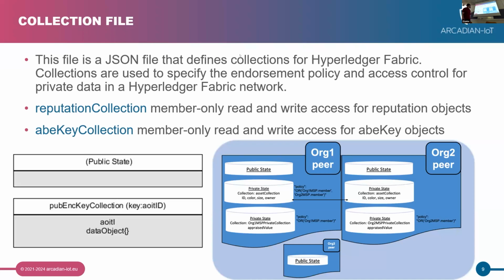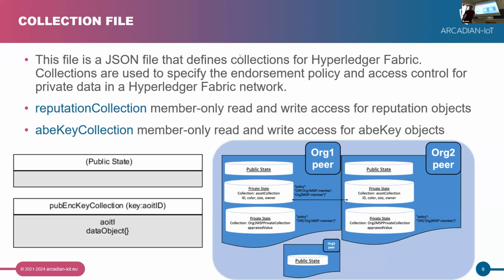We have, in this case, two collections, one for the reputation, which is member-only read and write access for reputation objects, and we also have an ABI collection. It is the same, but for the ABI objects. And we can see the public state in the case of our chaincode is empty, and the private part of that asset is on every collection, and we store the AOT ID and the data object.